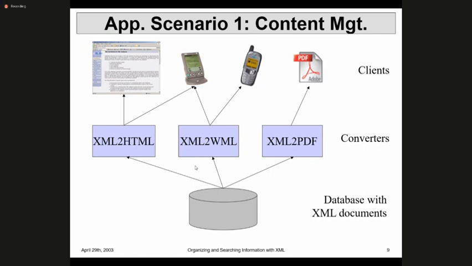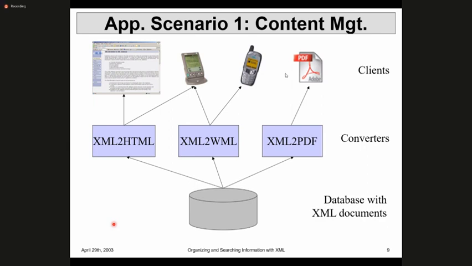Application scenario. Please see if you can understand this one. What it says is, here we have a database with an XML document, and we are using converters: XML to HTML, XML to WML, XML to PDF.